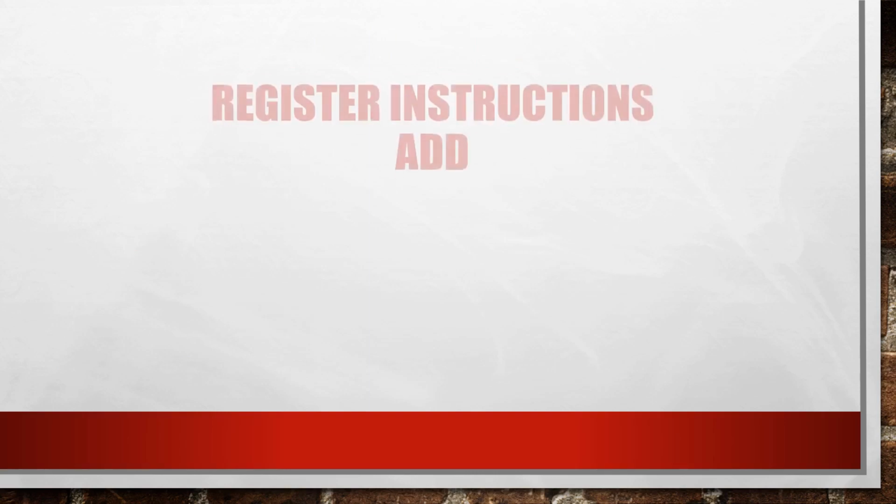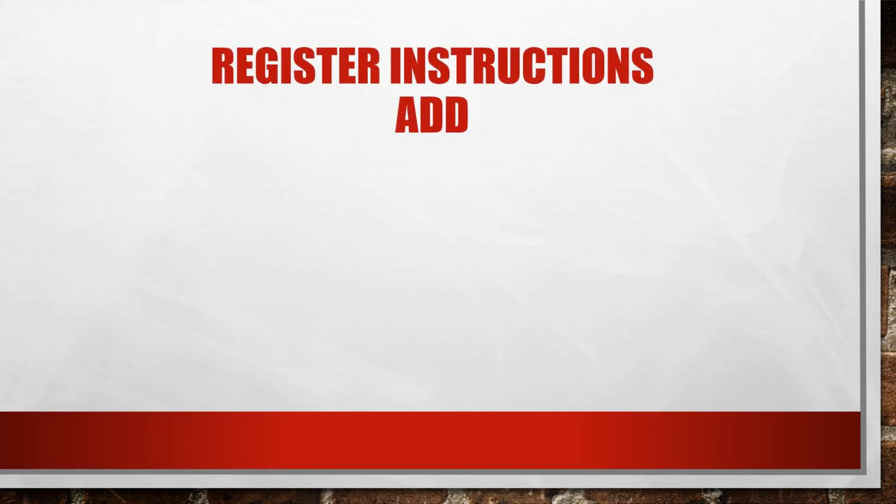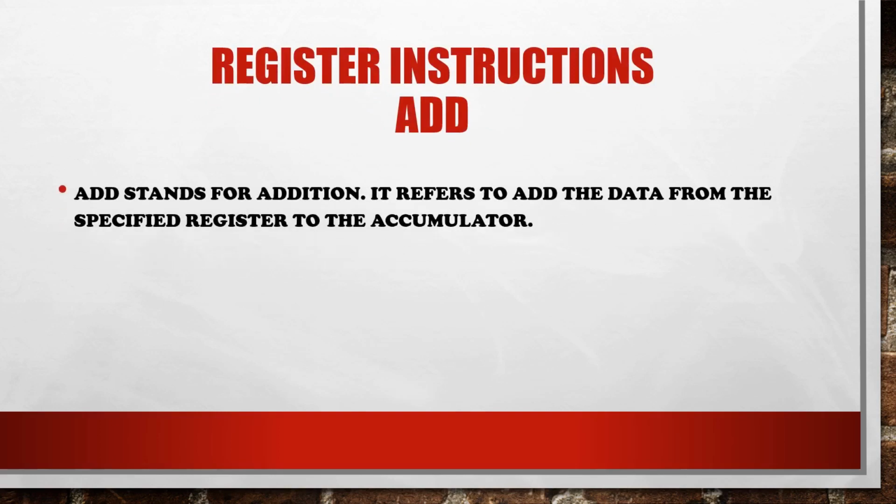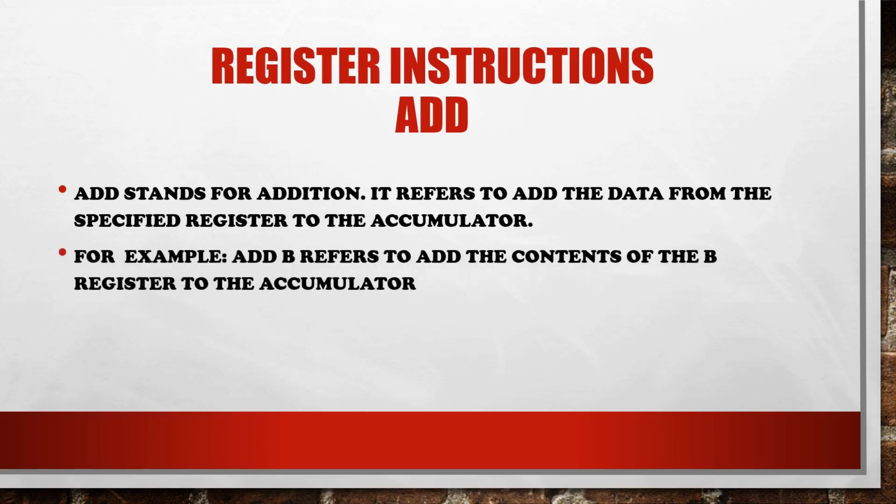Now let's discuss another register instruction, ADD. ADD stands for addition. It refers to adding the data from a specified register to the accumulator. So let's take an example. ADD B refers to add the content of the B register to the accumulator.